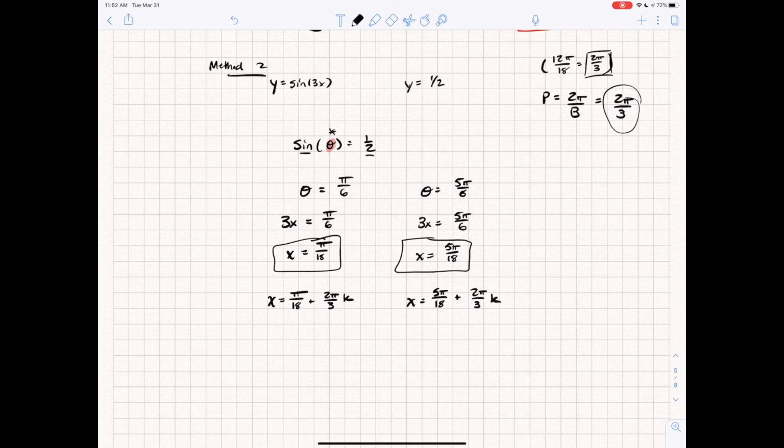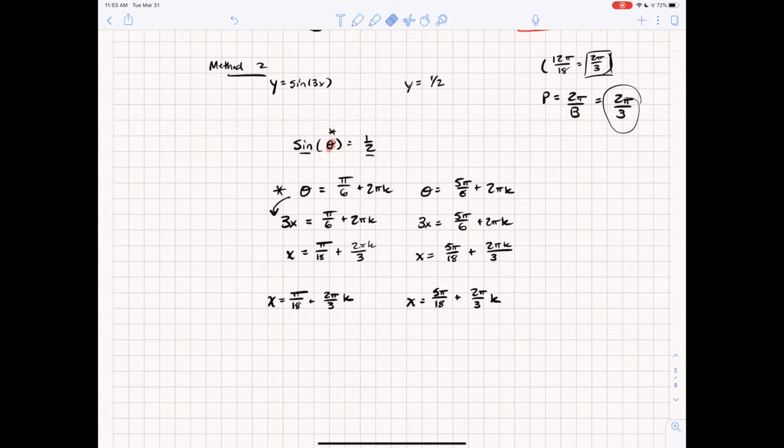Well, what I like to show people is, if this is my expression for all possible answers, we can actually get this when I write this step here, I write 2 pi k, which represents all possible solutions that would work for theta. So that when I replace theta with 3x and then solve for x by dividing, I'm not only dividing my original answer by 3, but I'm also dividing this plus 2 pi k by 3.